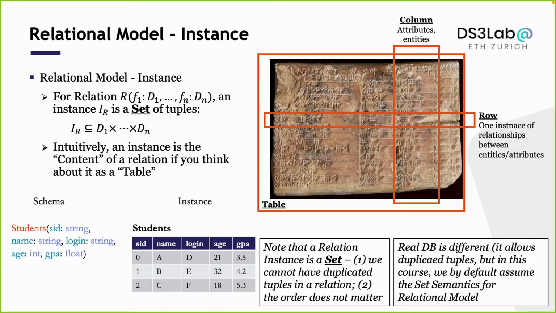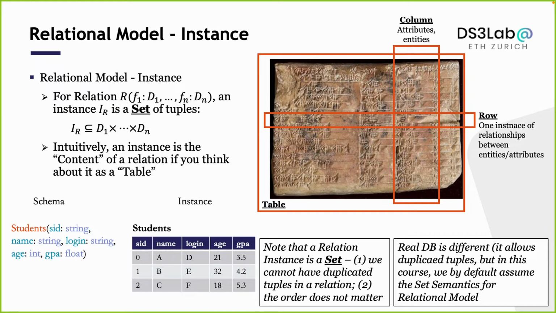But again, for a real database, there's also no order between those tuples. But in this course, when I talk about the relational model, we always take this simple definition because it doesn't make sense to make it too complex. We think about a relation as a set when we talk about the relational model. We think about a relation as a bag of tuples, a multi-set, when we actually play with a real database.